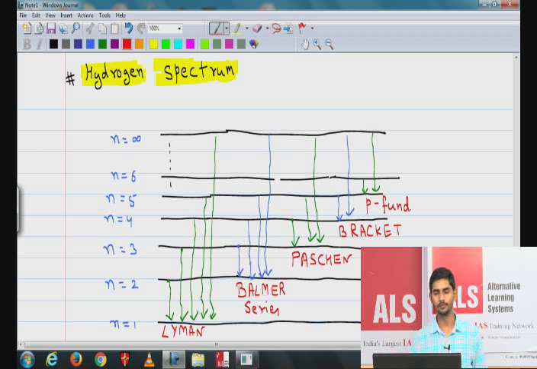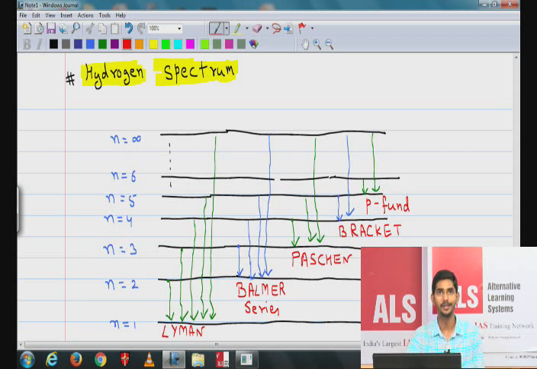So guys, this is what we call the hydrogen spectrum. What we have to understand is that in the hydrogen atom there are some series which depend on the type of transition, meaning they depend on where the transition finally ends. If the electron starts its transition from any state but finally goes to n equal to 1, you will say it is part of the Lyman series.